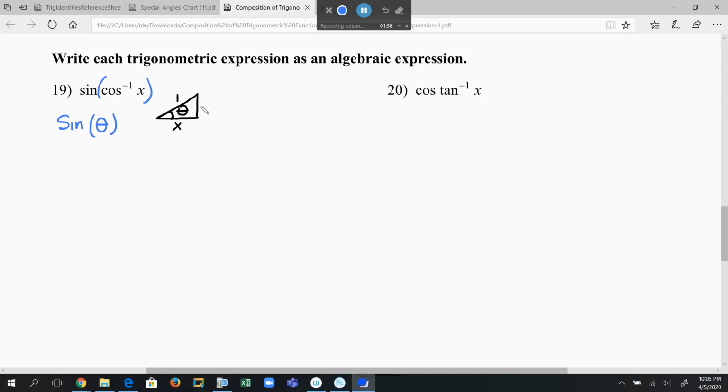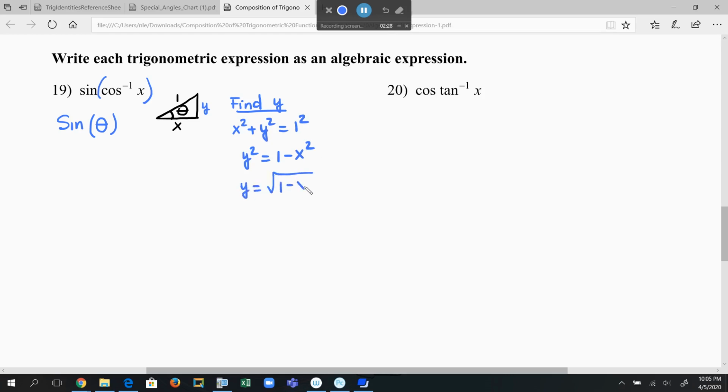To find the opposite, we are going to use the Pythagorean theorem. I'm just going to call this y. So I'm trying to find y. To find y, I'm going to use the Pythagorean theorem: x squared plus y squared equals 1 squared, or y squared equals 1 minus x squared, and take the square root of both sides.